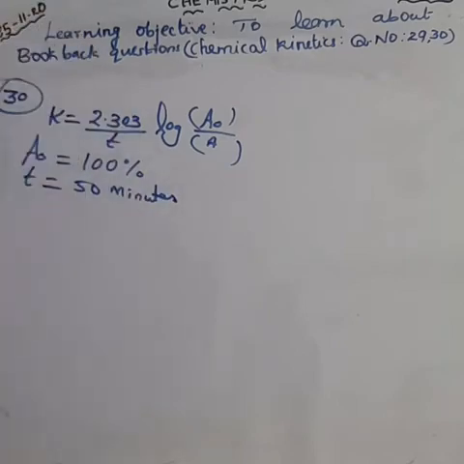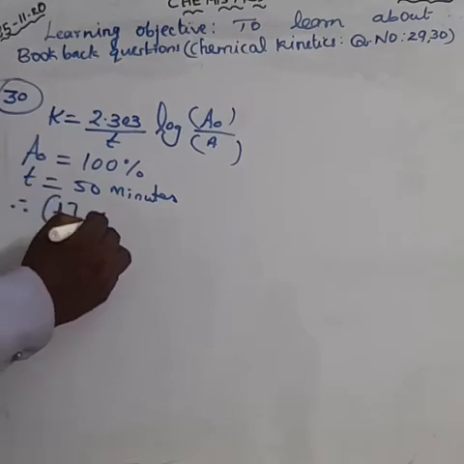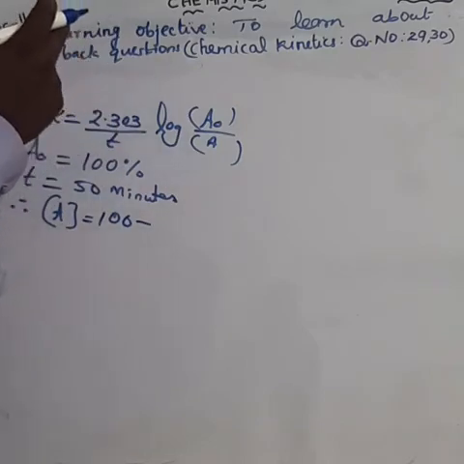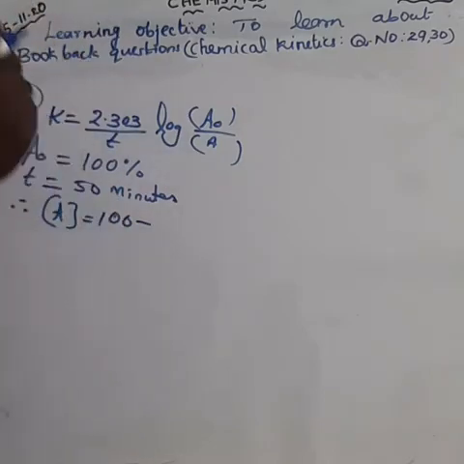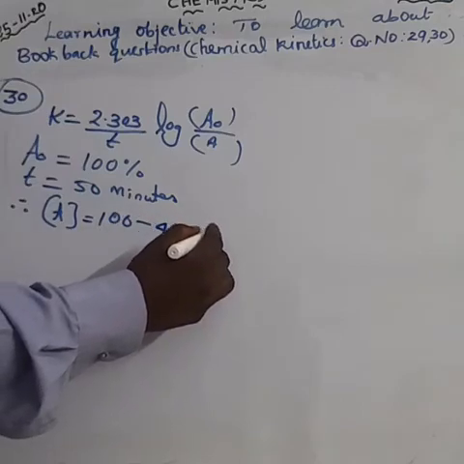Therefore A is equal to 100 minus the 40% already given in the question, which equals 60.